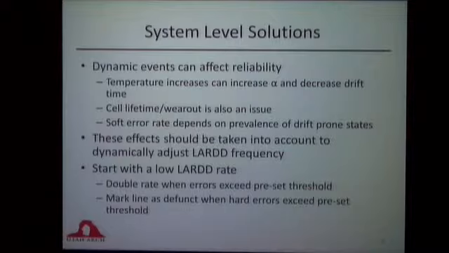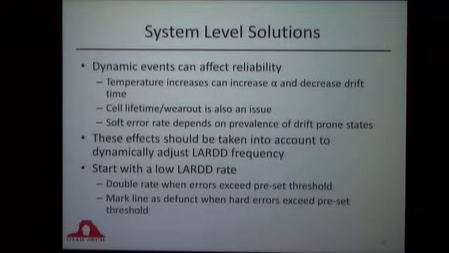What eventually ends up happening is dynamic events happen. You have increased activity at the PCM device, your temperature goes up. If your temperature goes up, the rate of drift for a particular cell also goes up. Lifetime is also an issue. Hard errors show up in your lines. So what you need to do is take all these operating conditions into account to decide on a particular LARD and eventual scrub rate.